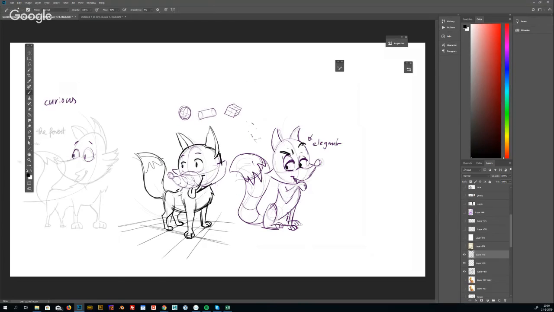So maybe for next week you can try to come up with poses that have a bit more story in them, and character, their personalities. Think a bit about who they are and what the contrast is between those two.